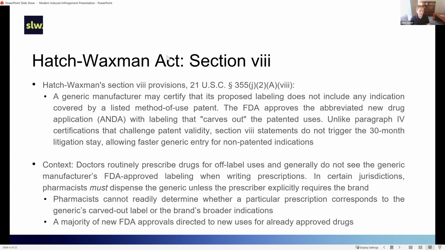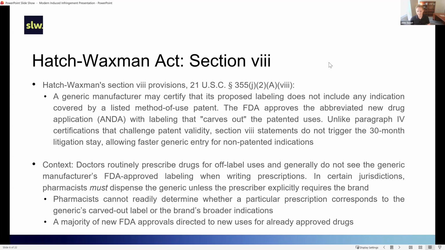So let's return to Section 8 of the Hatch-Waxman Act that carves out this provision for generic drug manufacturers. A generic manufacturer may certify that its proposed labeling does not include any indication covered by a listed method of use patent.